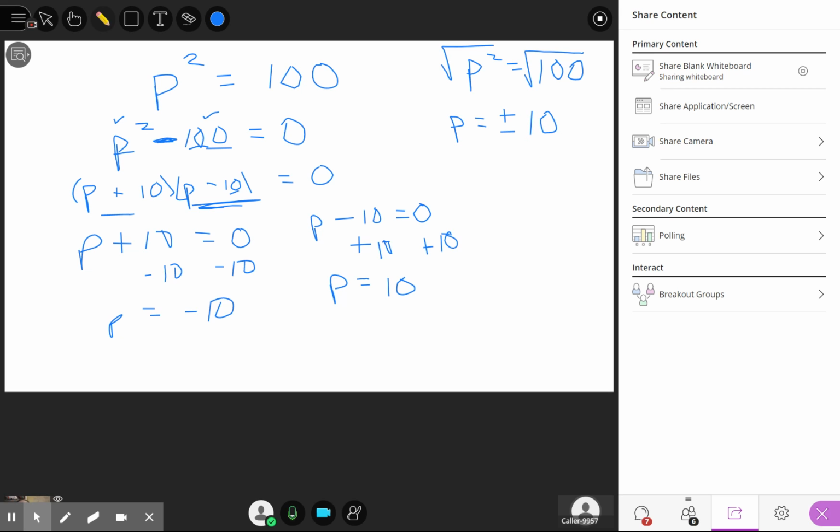Now notice, if you take the square root of both sides, you need to remember to put a plus or minus, because negative 10 times negative 10 is also a positive 100. So this is something you need on your note card, is that if you square root both sides, you need to put plus or minus on your answer there.